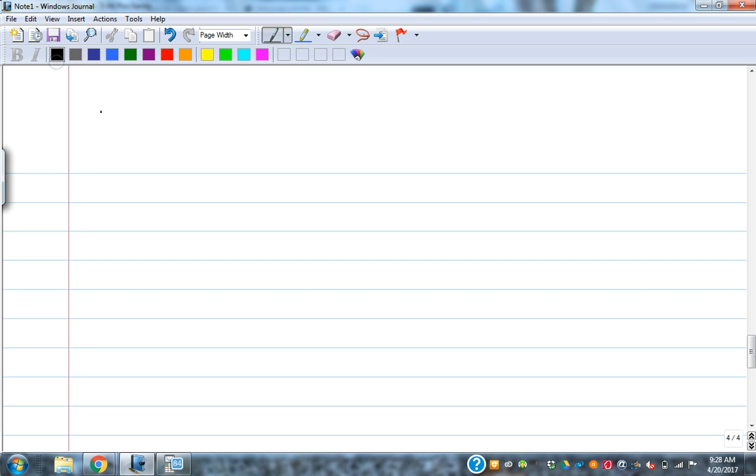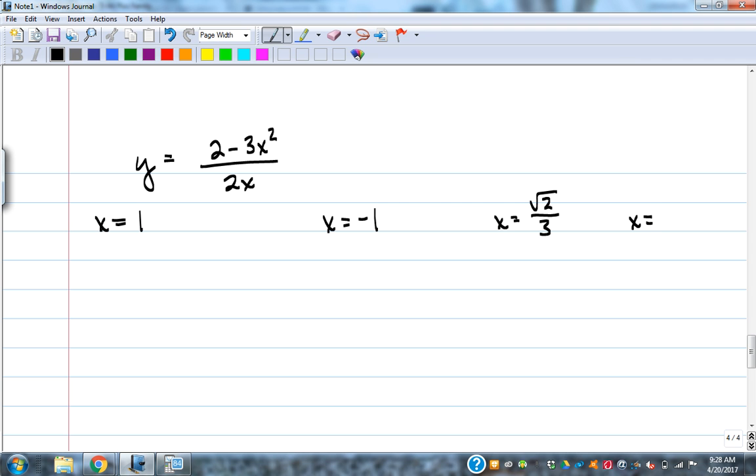So y is equal to 2 minus 3x squared over 2x. And I'm going to plug in x equals positive 1, x equals negative 1, x equals square root of 2 over 3, and x equals negative square root of 2 over 3. Those are the 4 x values that I found.